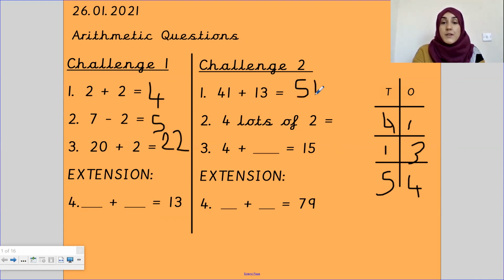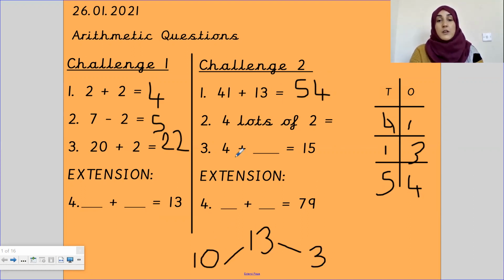Now I'm going to show you another way that we could complete this question. So it says 41 add 13. What I'm going to do is take 13 and split it into 10s and 1s. So I know that that's 1 ten and a 3. Now I'm going to take the number 41 and add 10 onto it.